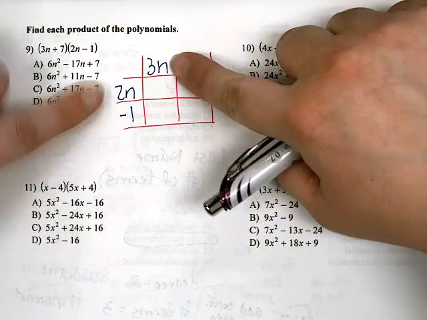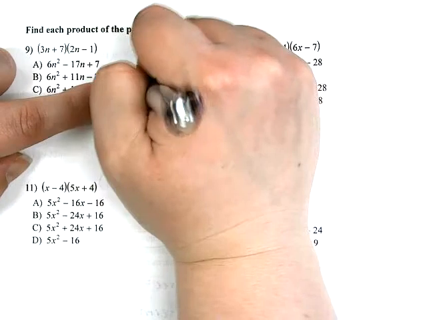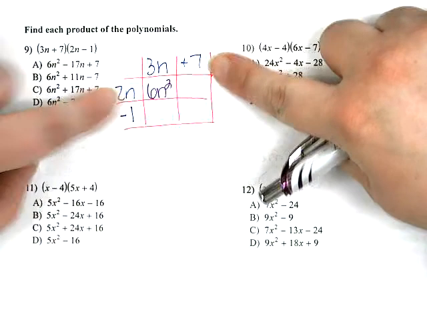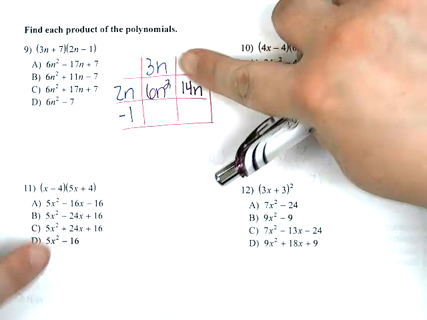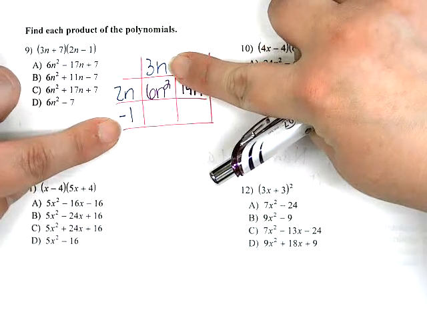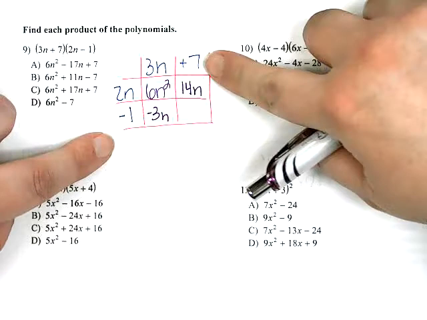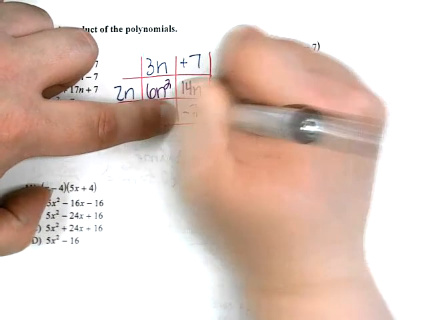So 3n times 2n, that's going to give me 6n squared. 7 times 2n is going to give me 14n. 3n times negative 1 is going to give me negative 3n. And negative 1 times 7 is going to give me negative 7.